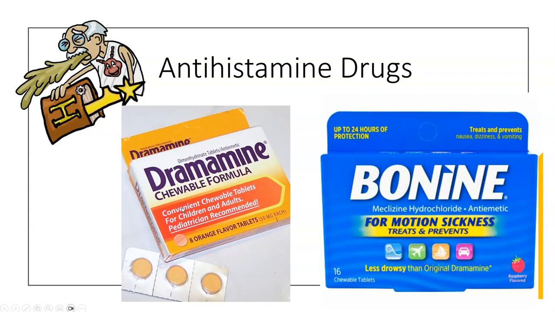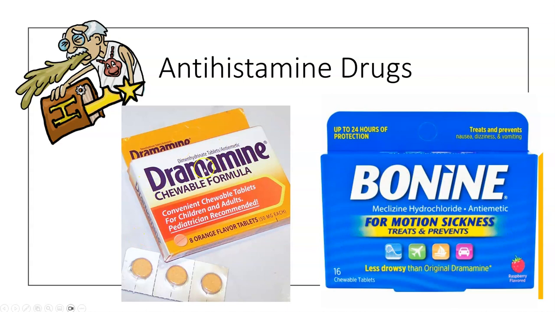Next are antihistamines. So usually when we think antihistamines, we think, oh, allergies. But antihistamines can also be used to help with nausea and vomiting because they block that CTZ in the brain. Now, even Benadryl, diphenhydramine. But I picked meclizine, which is Bonine, and it says right here on the box for motion sickness.